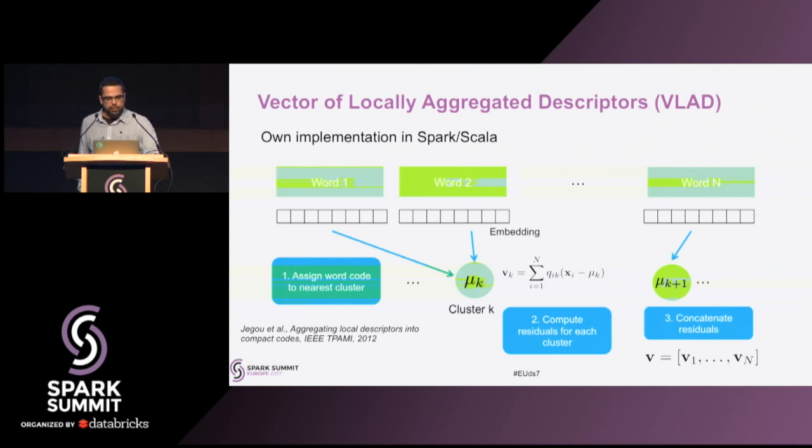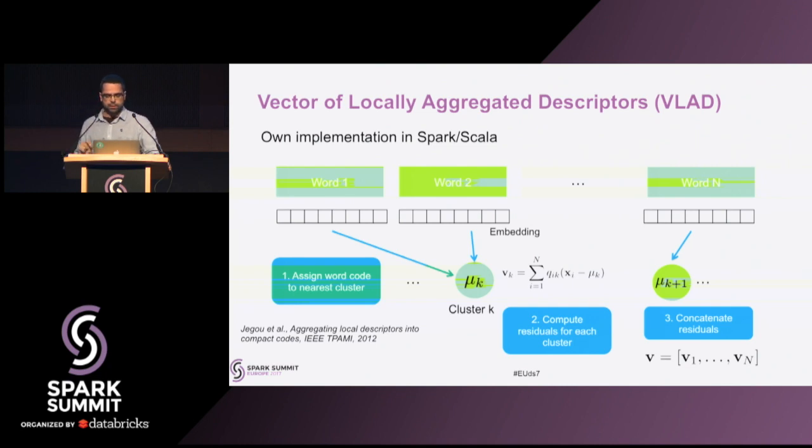Anyway, the method works as follows. First, it does a clustering of many word2vec embeddings, and it comes up with k clusters. Here they are represented with circles. Then for each word in the sentence, it assigns it to the closest cluster, and in that assignment, it computes a quantity called the residual. The residual is the difference between the word embedding and the cluster center.